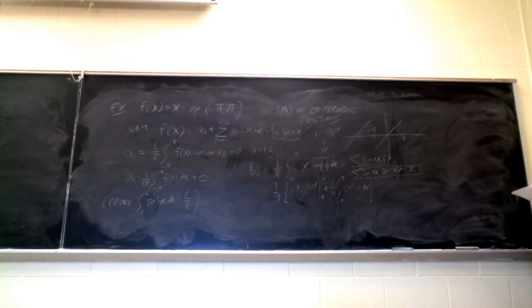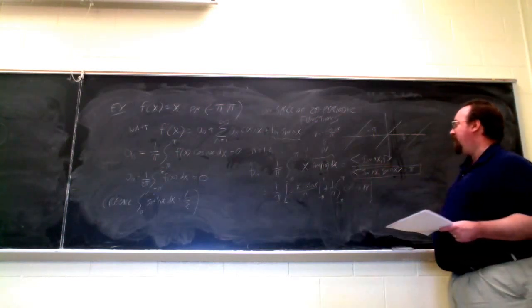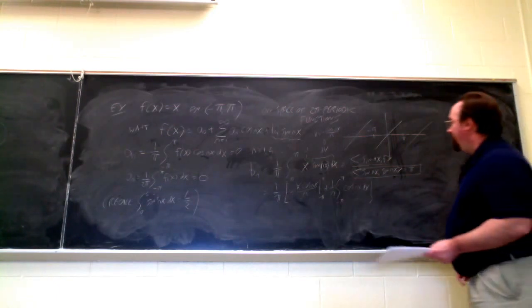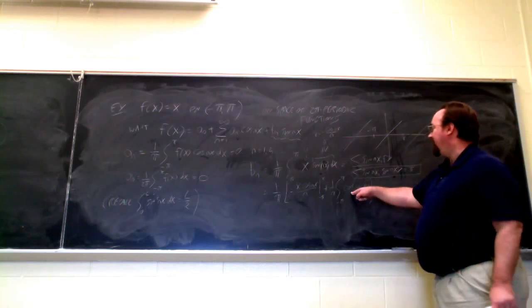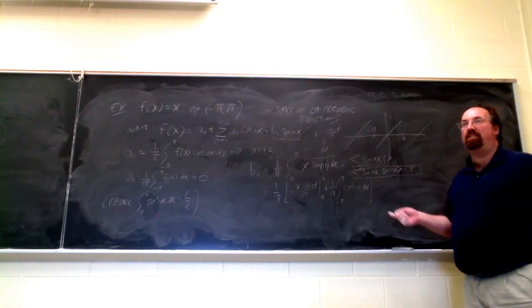All right. Now, when you evaluate this integral, cosine nx from minus pi to pi, even though it's an even function, you're actually going to get 0. Because what's the integral of this? It's going to be sine nx over n, and you plug in the limits, and you're going to get 0.